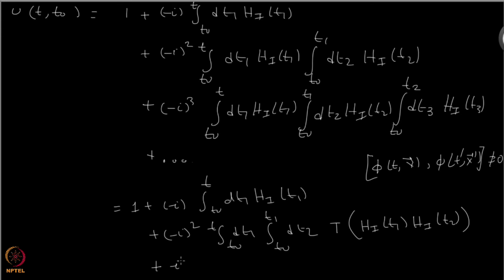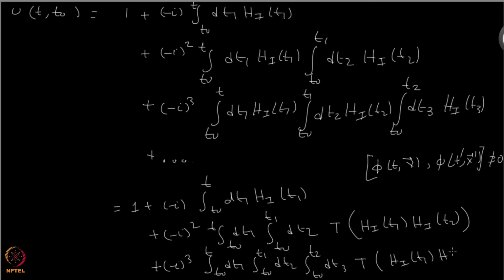And maybe I can write one more term: t naught to t dt1, t naught to t1 dt2, and t naught to t2 dt3. Okay. And then you have the time ordered product of Hi of t1, Hi of t2, and Hi of t3. And you can interchange the order within the T and nothing changes for the reasons I explained above. So that's what I have got.